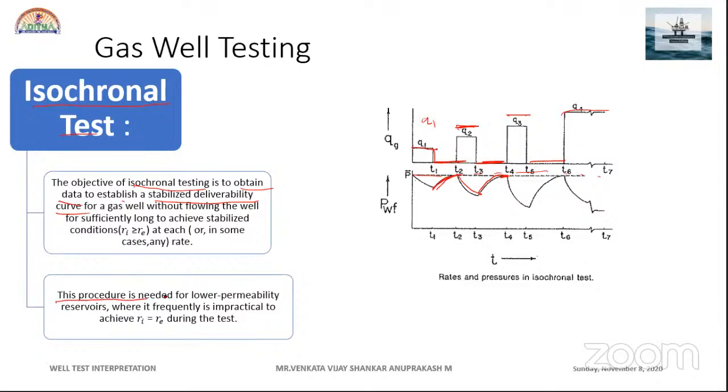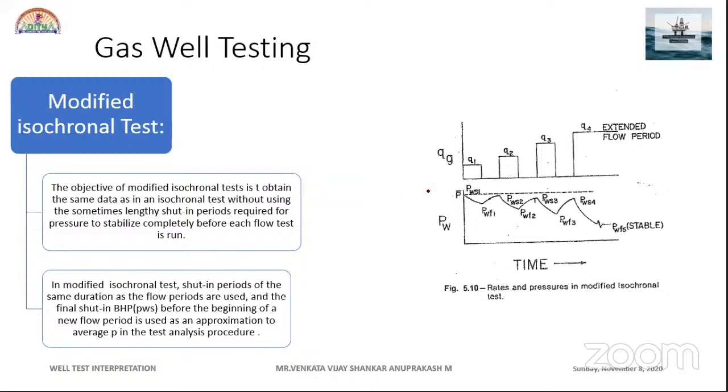So why is this procedure needed? We have low permeability reservoirs. Even though it is low permeability, gas will diffuse very fast. That is why initially it is equivalent in this case. What is modified is, if you see here, there is a gap.